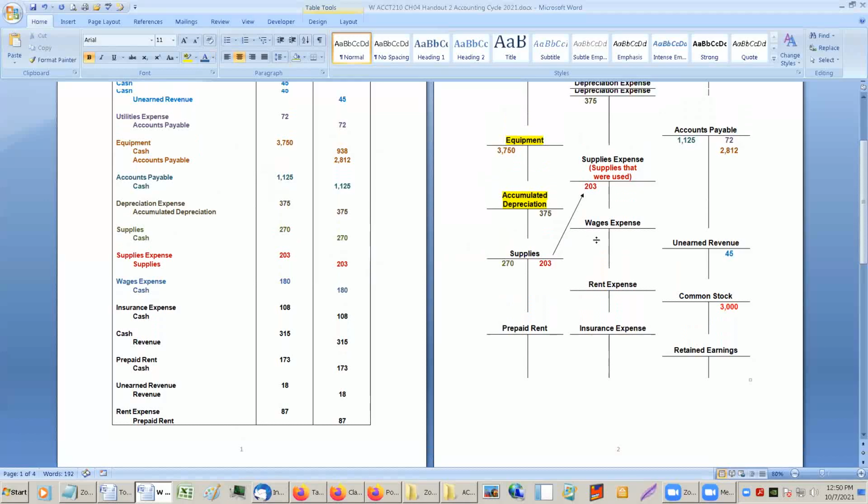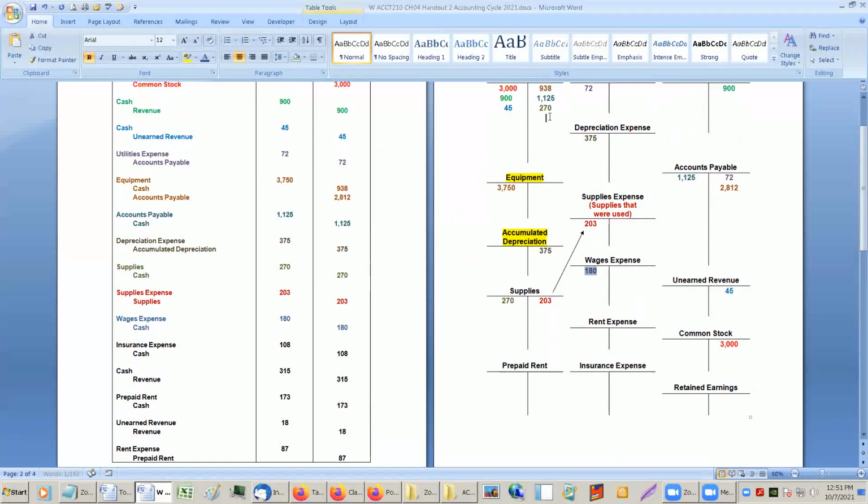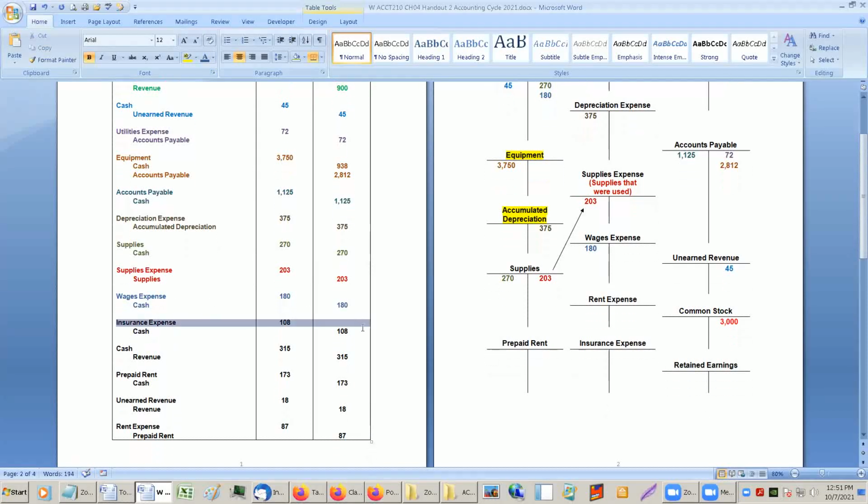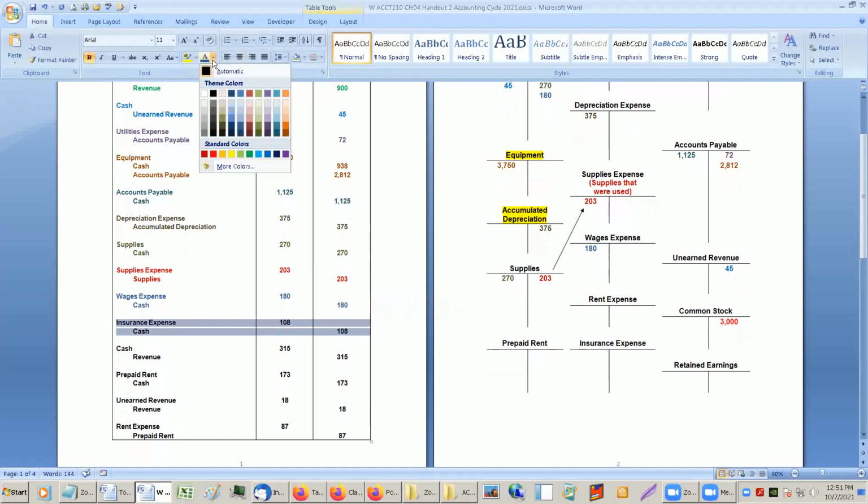Okay, wages expense. It's hard to find colors you can actually see. Okay, use that one.